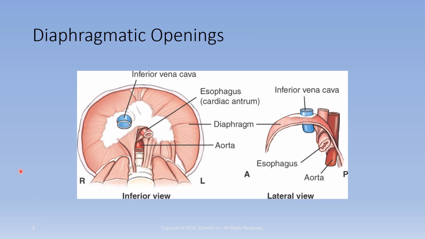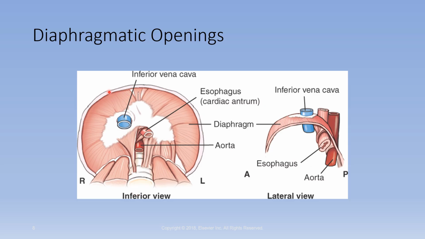Some of the openings in the diaphragm, these diaphragmatic openings, you have 3. You have one for the inferior vena cava, another where the esophagus comes through, and then the third would be the aorta. So in this particular picture, it would be as if you were down by the patient's feet looking up.